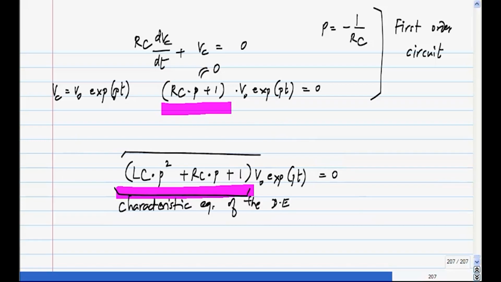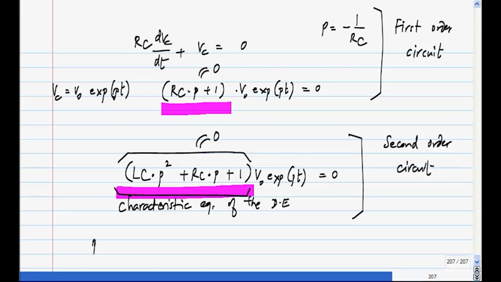So this part has to be equal to 0. Okay. So there are two values of P. What are they?